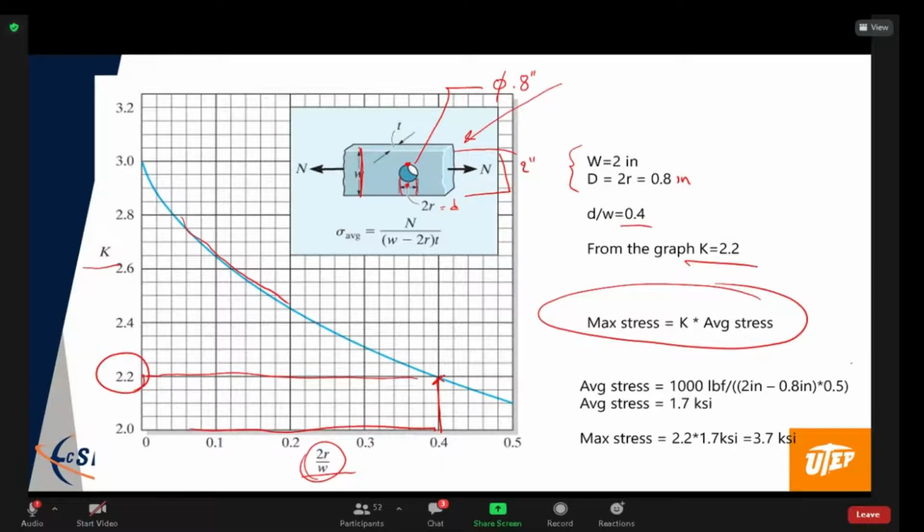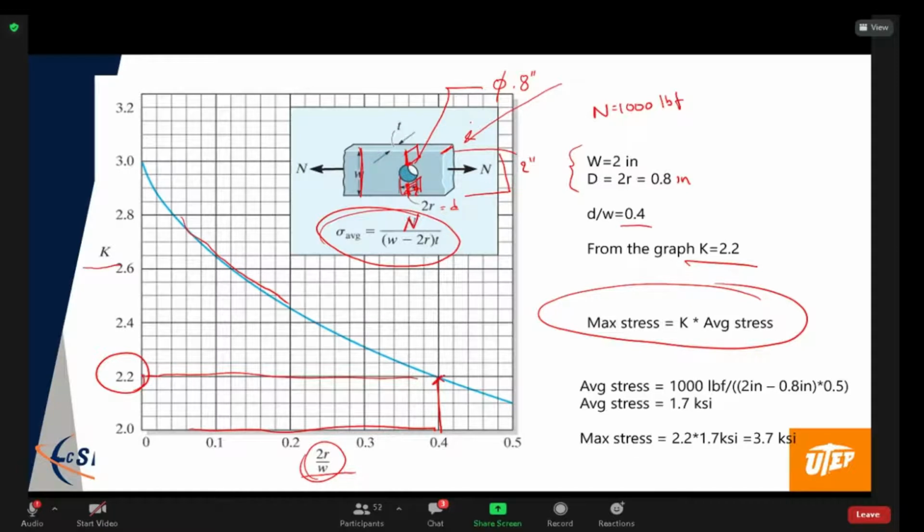So we compute the average stress. Let's say that the applied force N is 1,000 pounds. They give you the equation here to compute the average stress, but it's pretty obvious what it is. It's the internal force, N, over the reduced area. The reduced area is the cross-sectional area minus the hole, so it's W minus 2R, which is this height and this height, times the thickness, which is this dimension.